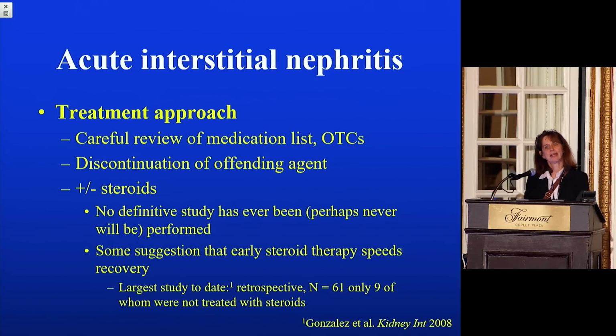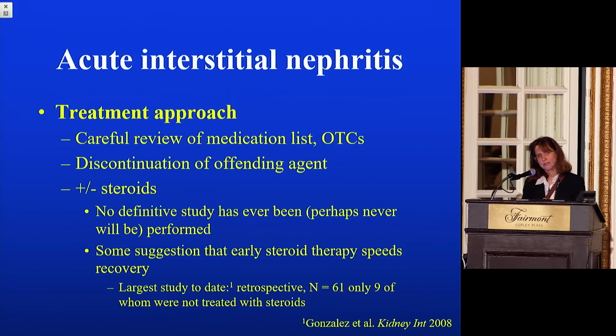Treatment, well, again, presuming this is drug-related, critical, the mainstay is going to be going through the drug list and getting rid of any possible culprits. Certainly, a new drug recently added is still going to be highest on your list, and I would discontinue any and all that I could.